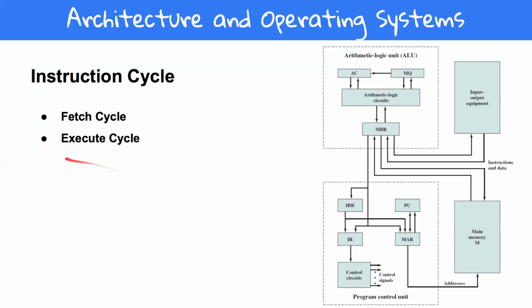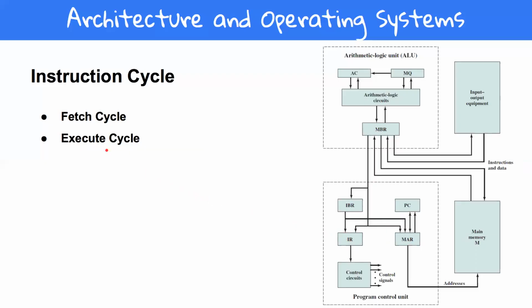So in the reading cycle, which we call the fetch cycle, we read the instruction, it goes to the MBR, then it is sent to the MAR and IR. The address will go to the MAR, and the opcode will sit in the IR. This is called the reading cycle or fetch cycle.